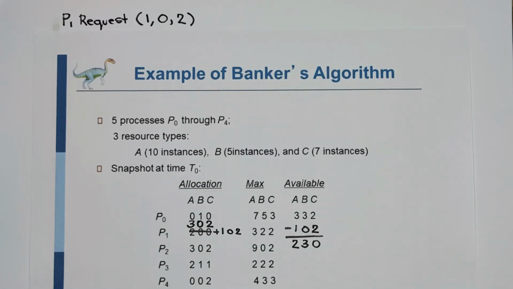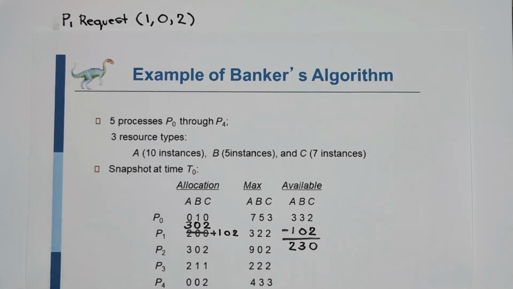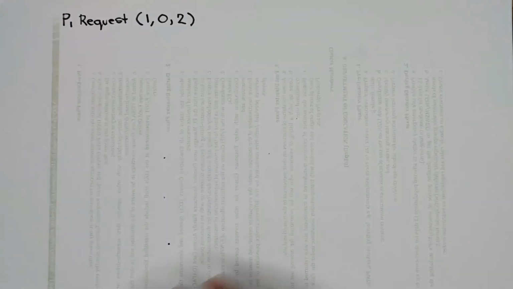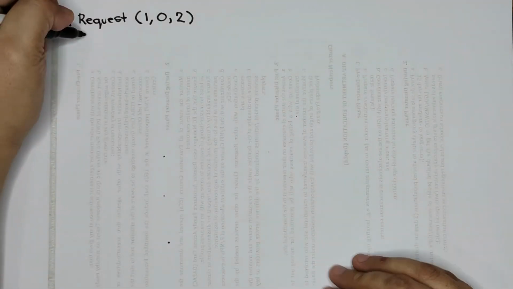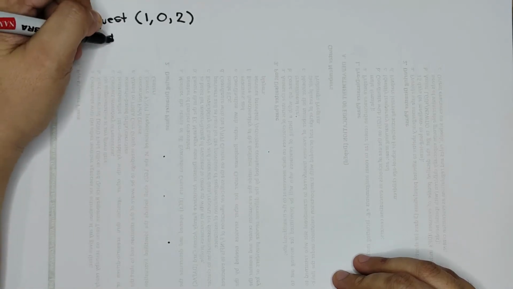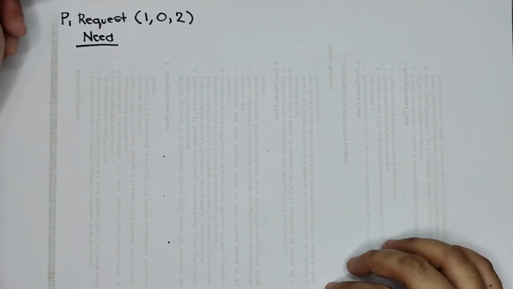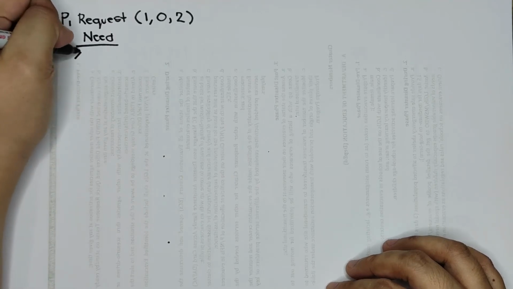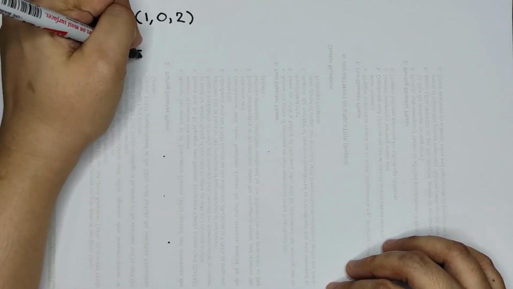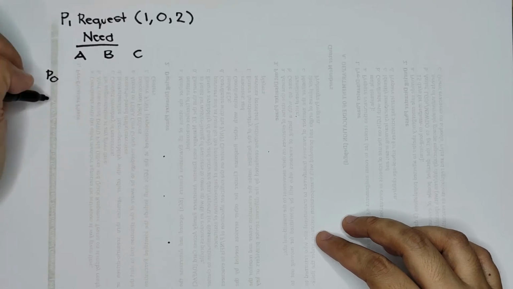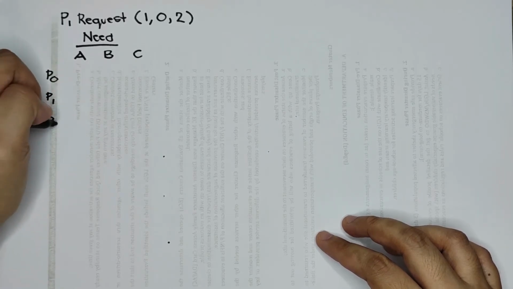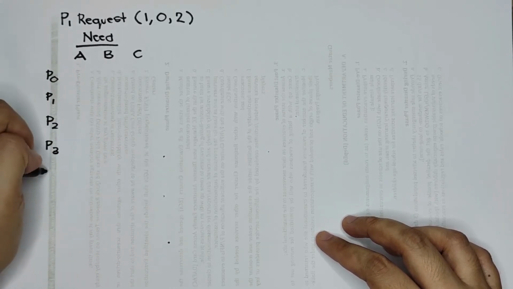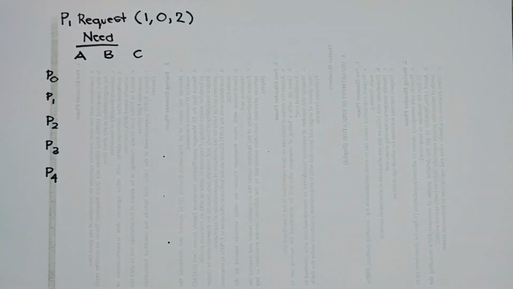Okay. Since we have a change in the value of P sub 1, we need to derive the need matrix again. So, need is equal to maximum minus allocation. So, A, B, and C, for P sub 0, P sub 1, P sub 2, P sub 3, and P sub 4.